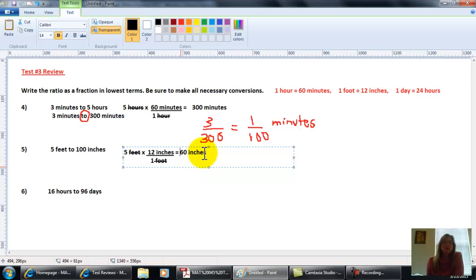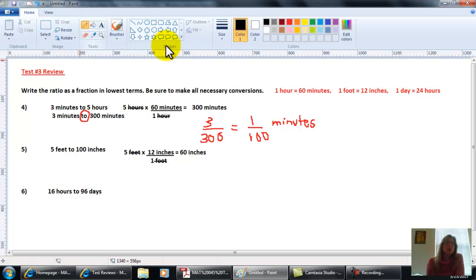Okay, so now that you have 60 inches, the 5 feet now is 60 inches. You changed it. So you put 60 inches, we'll just abbreviate to make it easier, to 100 inches. That's your new ratio. And then that will be your new fraction.